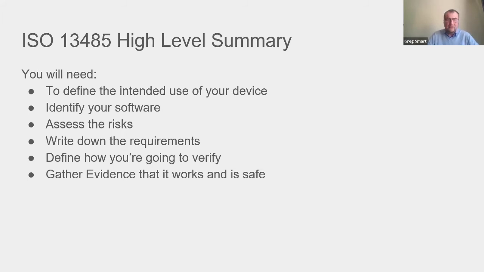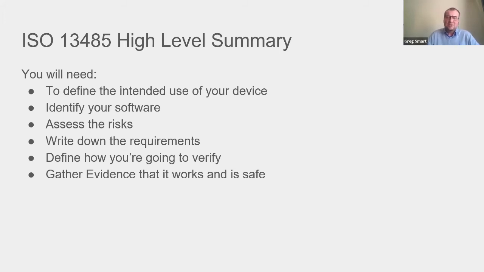And then last bullet point here, gather evidence that it works and is safe. So again, this is really important. You need to demonstrate some sort of clinical robustness, something that proves that your product actually does what you said the intended use was, and it delivers the benefits that you're claiming for it.